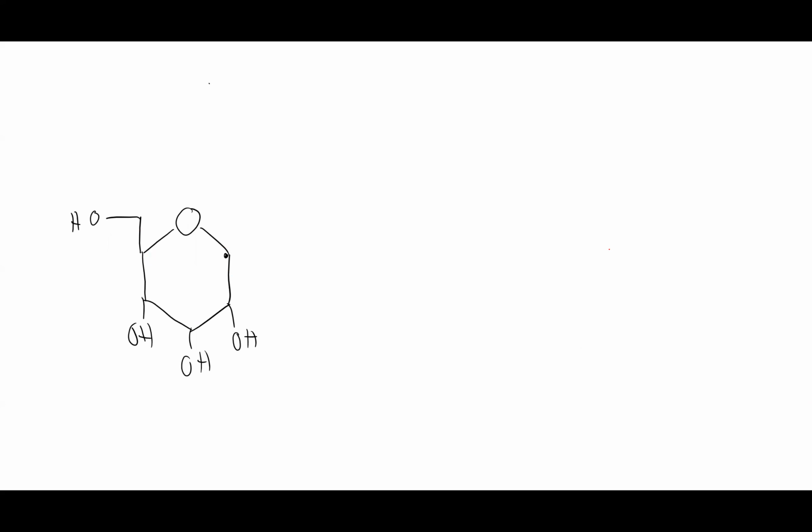Let's look at another example. I have a blank ring here. I haven't even drawn in its OH group on the anomeric carbon, but let's say that we bond this ring with another version of itself. And this time I want to bond it utilizing the anomeric carbon's OH group for both parts.